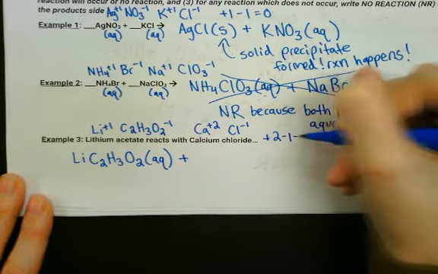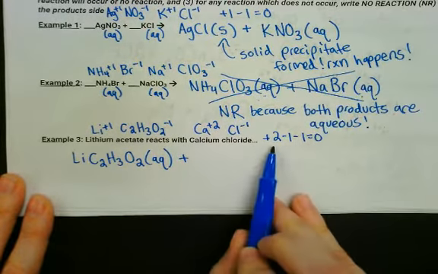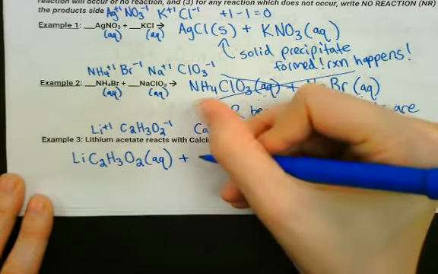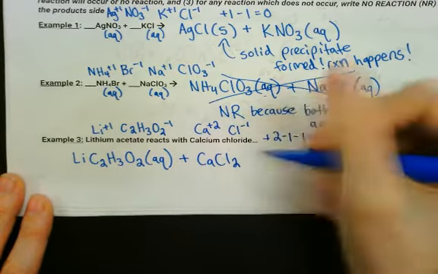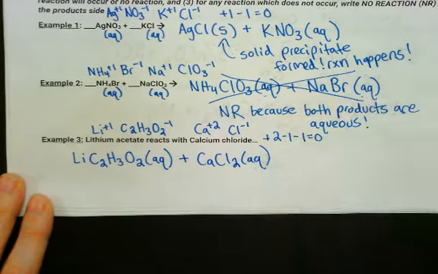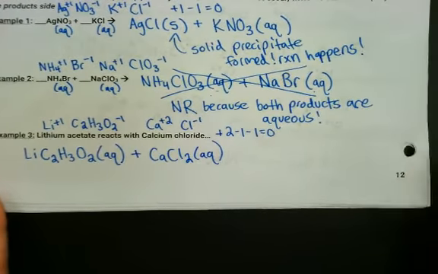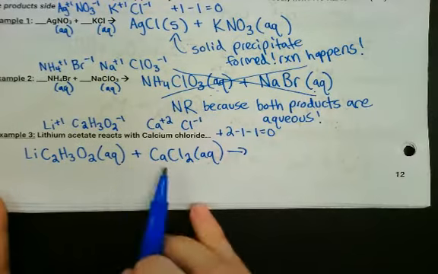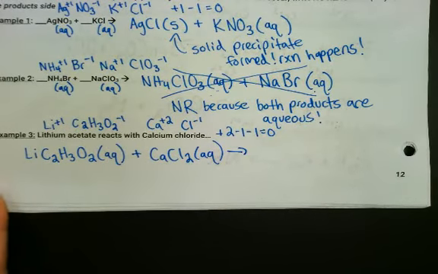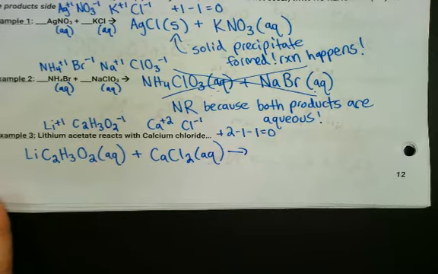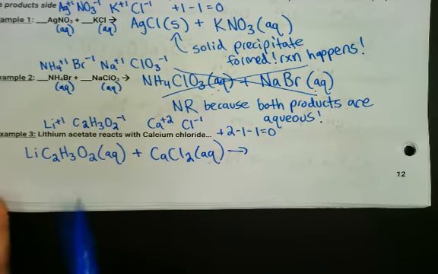So I'm going to need 1 calcium and 2 chlorine. There's my solution of calcium chloride. Now what we're going to do is swap cations and see if we get a reaction based on the states of our products.